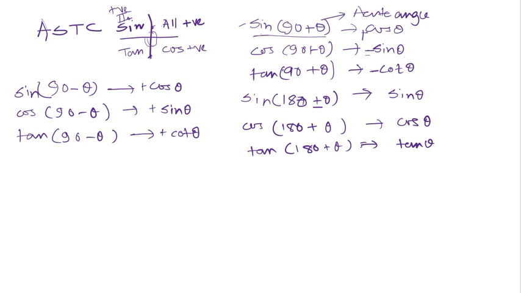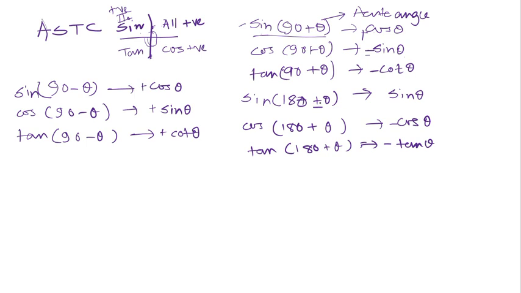So now we have to check what sign it will become, whether positive, negative, or something else, correct? 180 minus theta means where will it lie? It will lie on the first coordinate, correct? So in the first coordinate sine is positive, so sine remains positive, cos negative, tan negative.